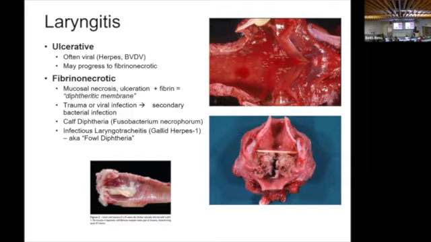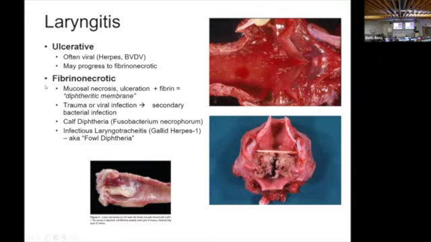In the respiratory system, it's often viral. So you get a viral ulcer and then often a secondary bacterial component. So it's kind of both. But in the respiratory system, if you see ulcerative lesions, your first thought should be viral. In the GI, lots of different things cause fibrinonecrotic lesions.